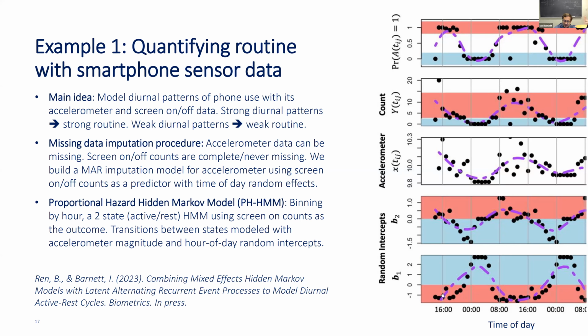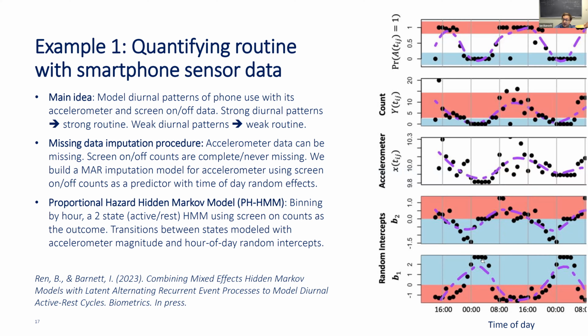But to tease it a little bit, in essence, if you look at these random effects, these are tendencies for hour of day. What this is saying is, let's look at these 4 right here. This is a little after midnight. What we're saying is that the transition from an active state to an inactive state is really high right here. This is probably corresponding to when they're going to sleep.